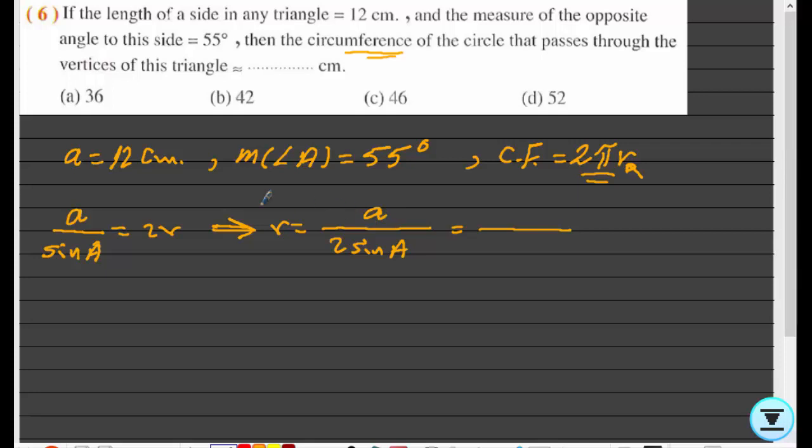What is the length of a? It's 12 centimeters over 2 multiply sine 55.